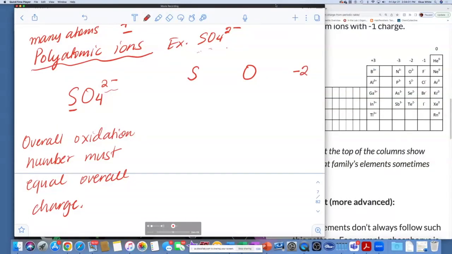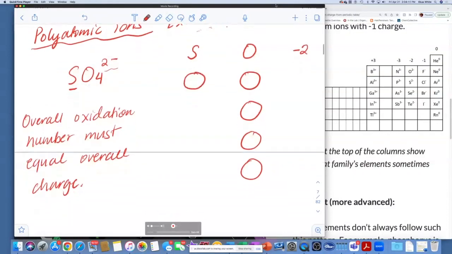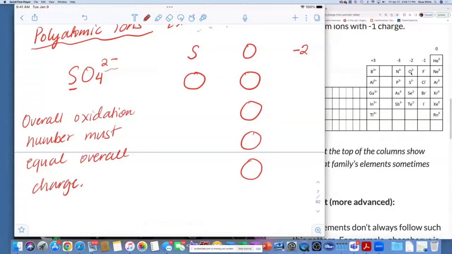So in this formula of sulfate, I have 4 oxygens. So 1, 2, 3, 4. And I have 1 sulfur. This is 1 sulfur over here. Since I'm assigning oxygen first, each oxygen has to have the oxidation number based on the charge, which should be -2. So I'm going over here, periodic table, there it is, -2. So -2, -2, -2, -2, since we have 4 of them, right?